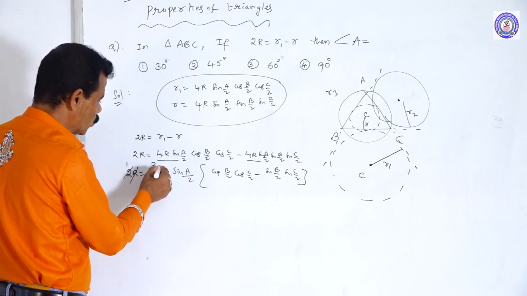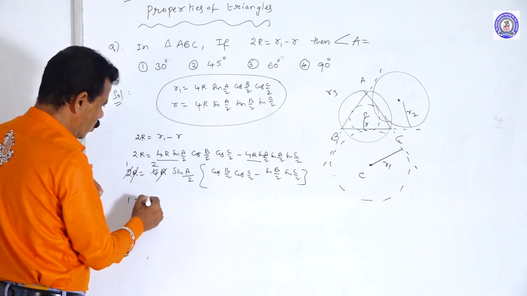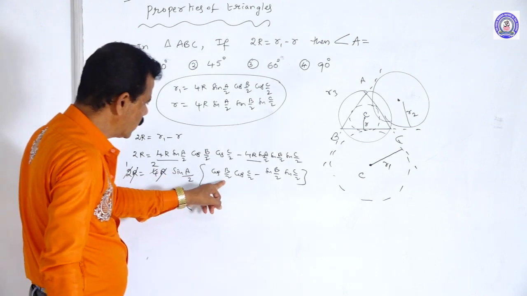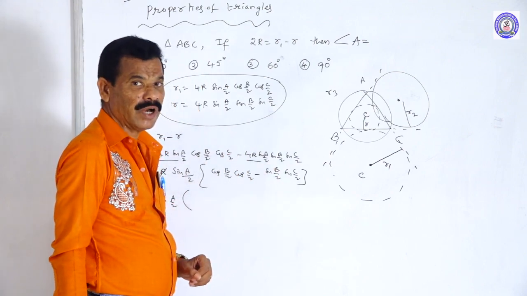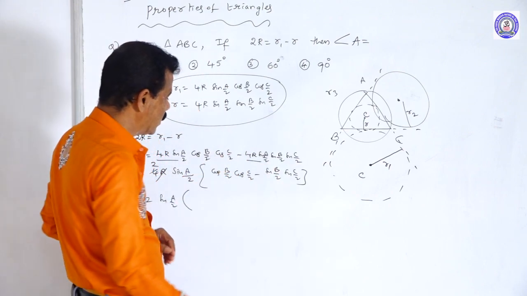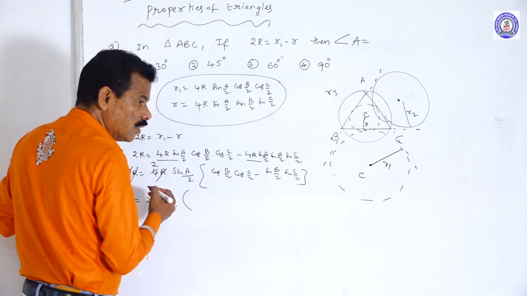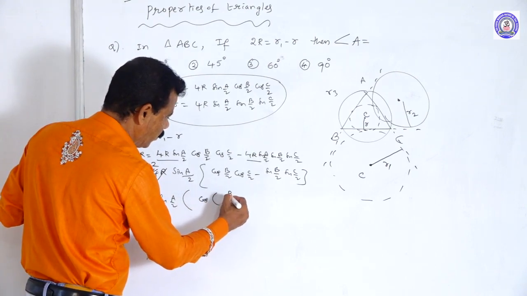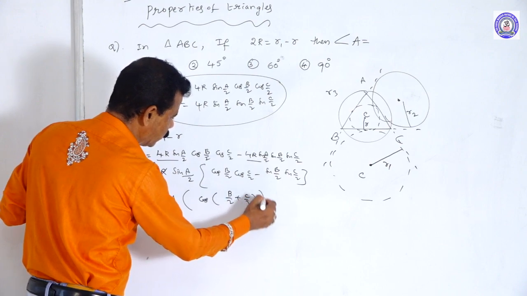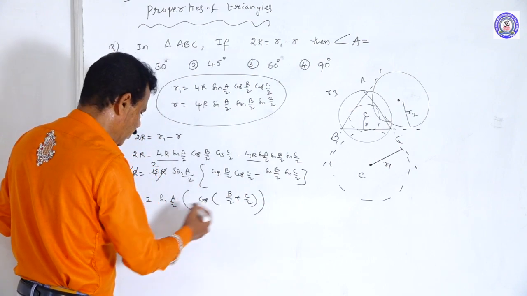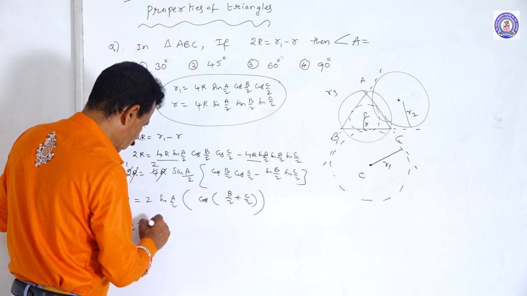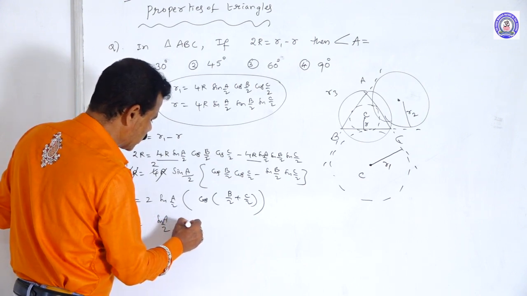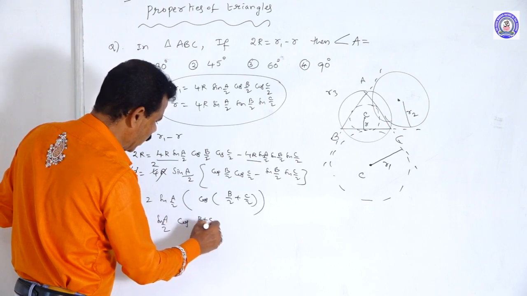2 ones, 2 twos. So 1 is equal to 2 sin A by 2 into, using the cos A cos B minus sin A sin B formula, cos (A plus B), here cos (B by 2 plus C by 2). So this is (B plus C) by 2. 1 by 2 is equal to sin A by 2 cos (B plus C) by 2.